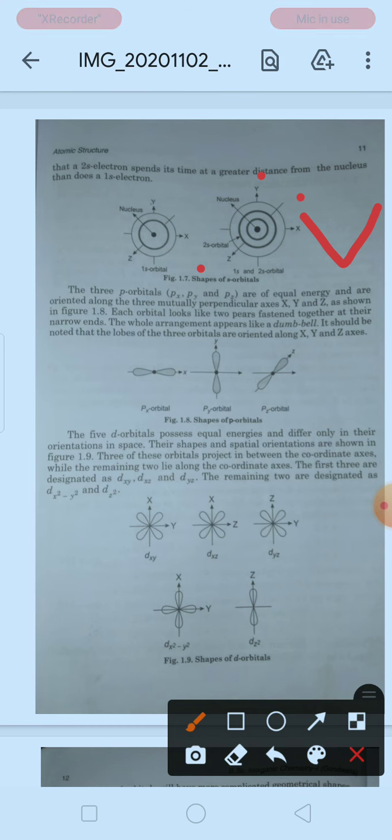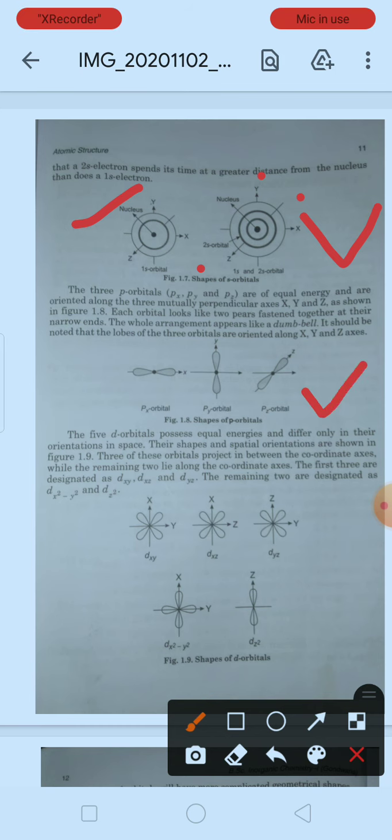But as it is spherical in shape, there is no directional dimension for it. The electron distribution is equally symmetrical in all dimensions, whether it is the x, y or z axis. So the S orbital is spherical in shape, and the middle portion you can see here is the nucleus. In this way the S orbital's shape can be identified.